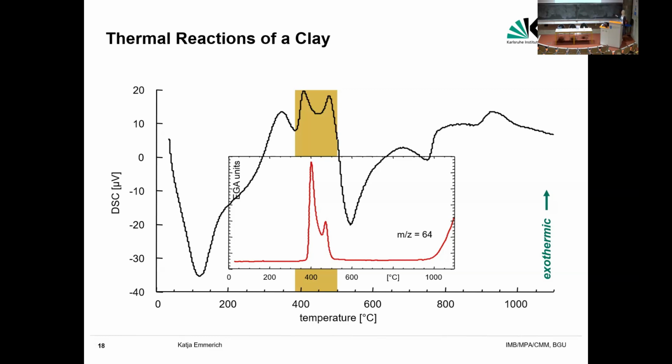And this SO2 release at high temperature could have two sources. Either in your sample was also a sulfate at low concentration, or if you have a clay where you have also some calcium from carbonate, like in this sample, then after the oxidation of the pyrite, some SO2 can be reabsorbed in the sample, forming anhydrite, and then it's released at high temperatures.